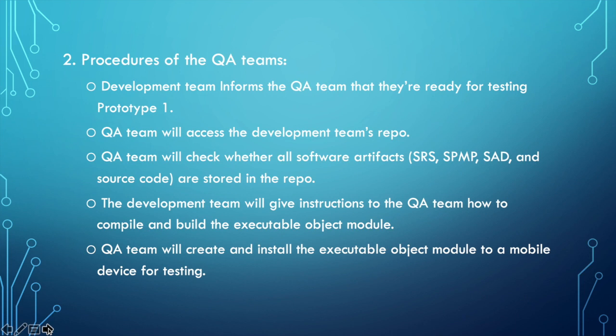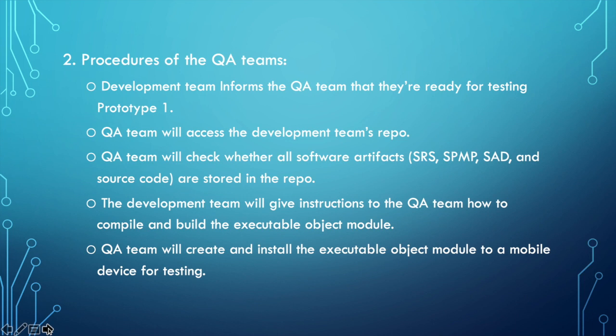When a development team is ready, they will inform the QA team that they are ready for testing the prototype 1 or the first iteration. The QA team will access the development team repo, and check whether the software artifacts, SRS, SPMP, SAD (software architecture and design), and source code are stored in the repo.